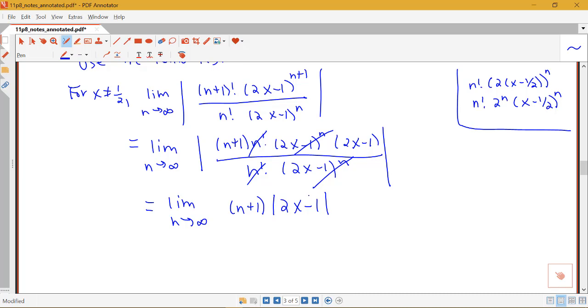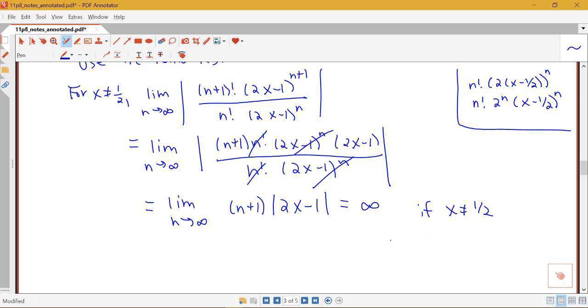So notice that if x is not a half, this is some non-zero number times something that's really, really, really, really big, so that limit is going to be getting quite large, if x is not a half.